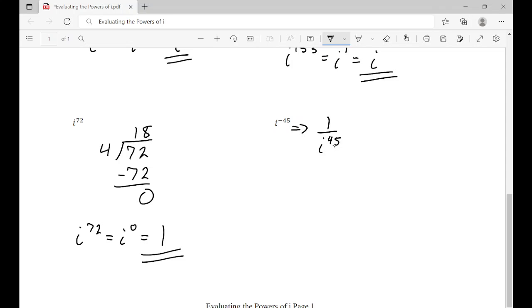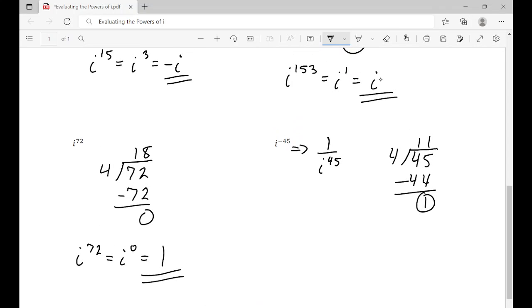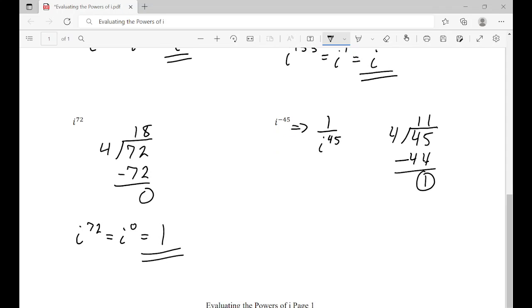Since i to the 45th is positive, let's work on that for now. 4 into 45: 4 will go into 45 11 times with a remainder of 1. A remainder of 1 is just going to be i, we have that right here. So instead of 1 over i to the 45th, we can just say 1 over i.